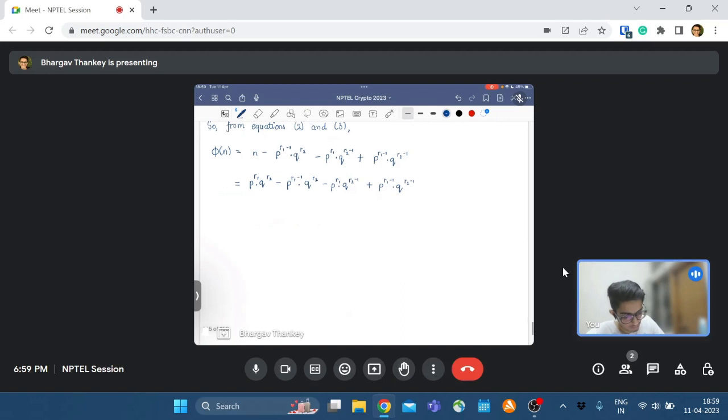Okay, so from here we can take this common and we would be left with P minus 1. And what about here? Here we can take this common.